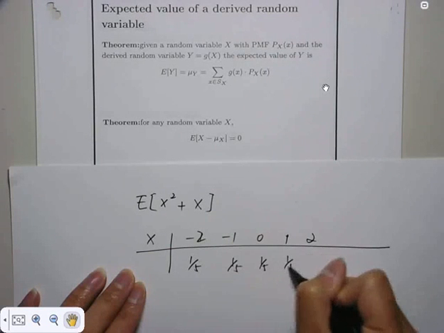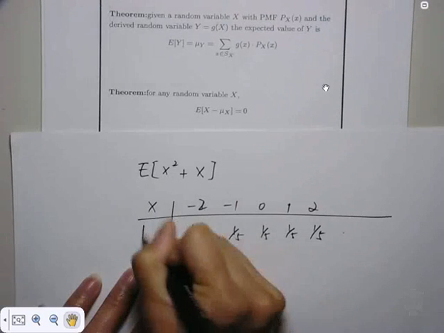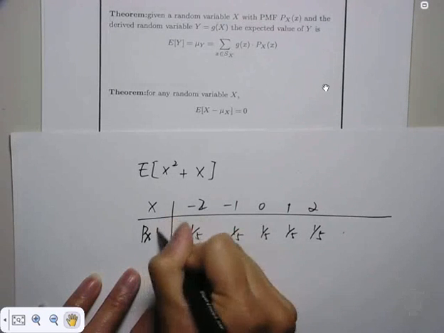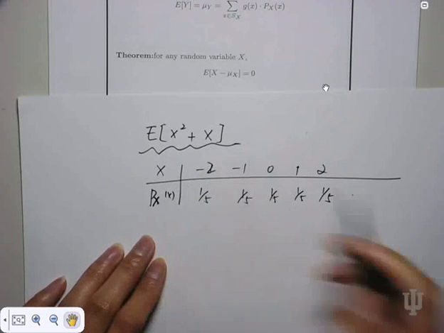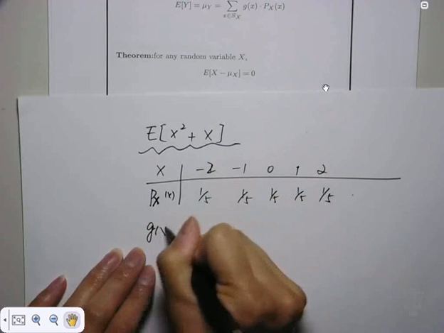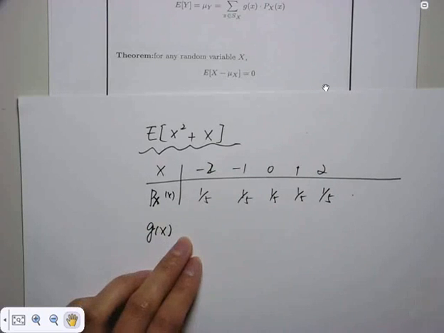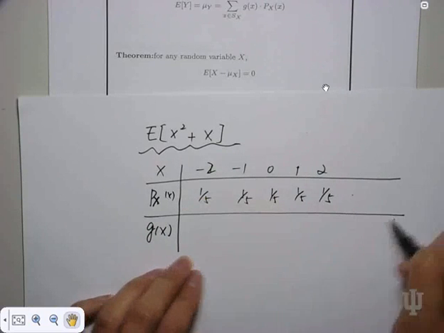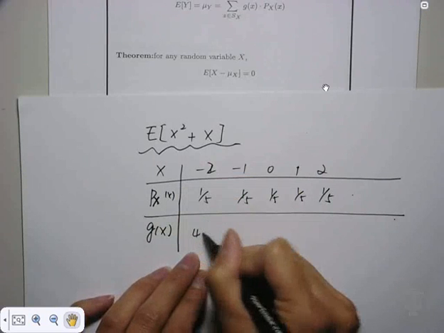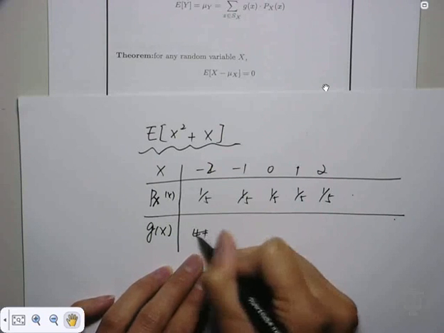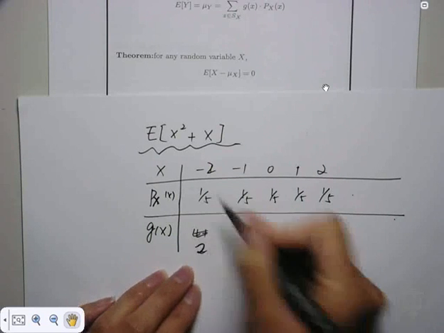Basic, right? P of x, right? J of x equals, this is 4 plus minus 2, right?